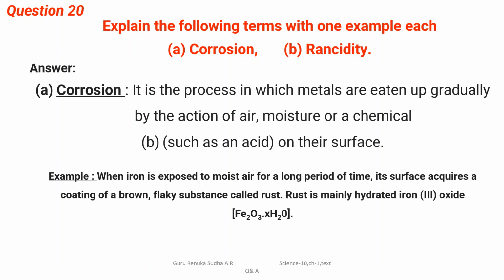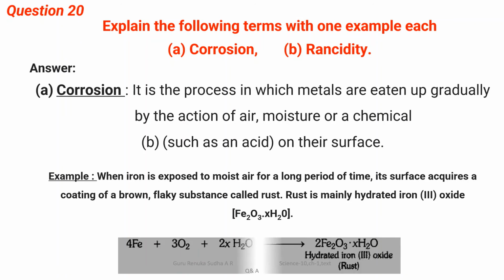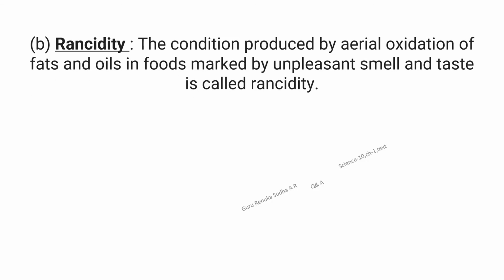For example, when iron is exposed to moist air for a long period of time, its surface acquires a coating of brown flaky substance called rust. Rust is mainly hydrated iron oxide, Fe2O3.xH2O.